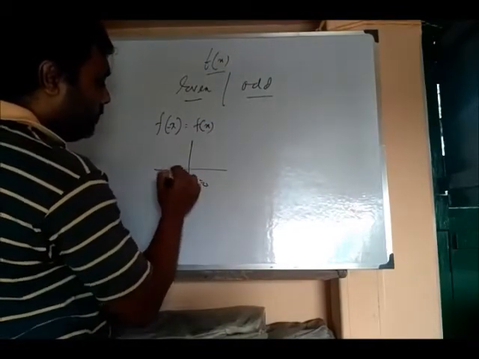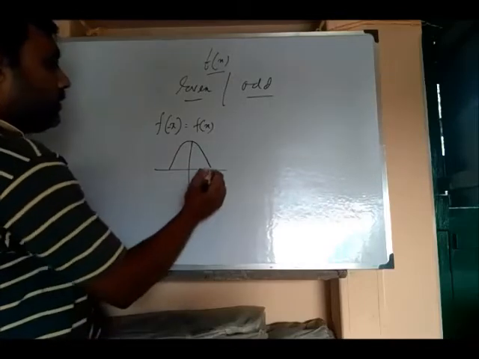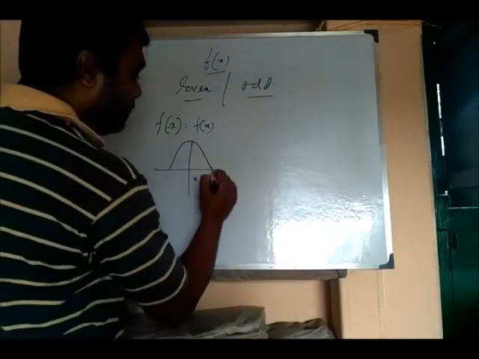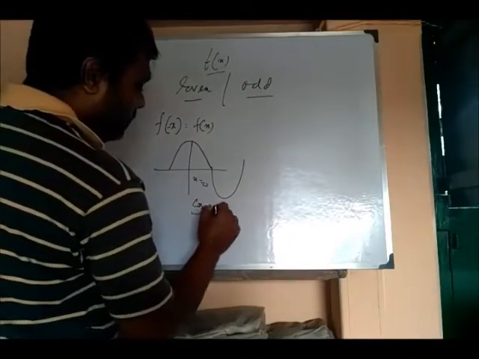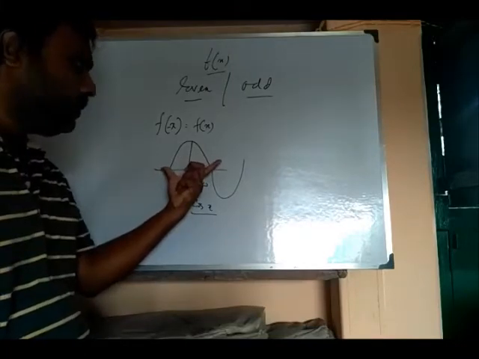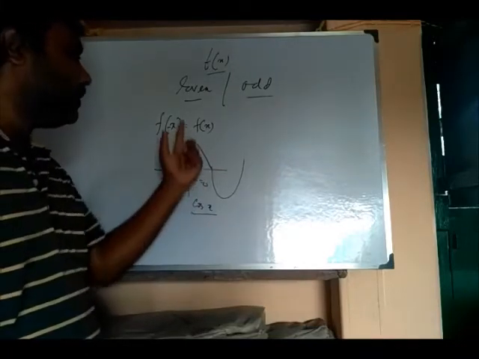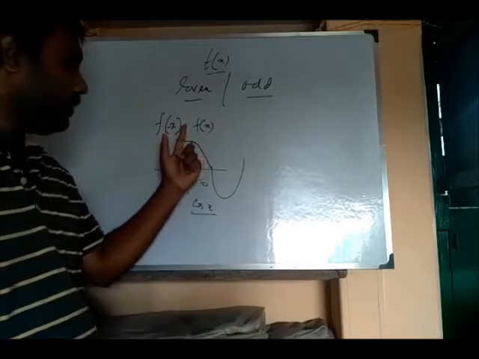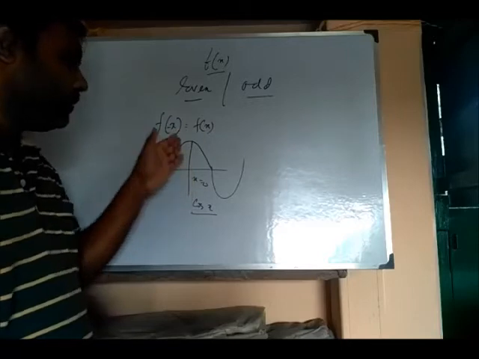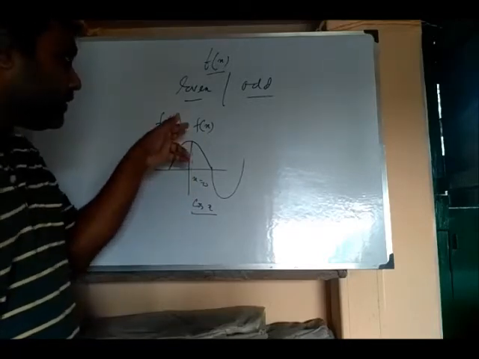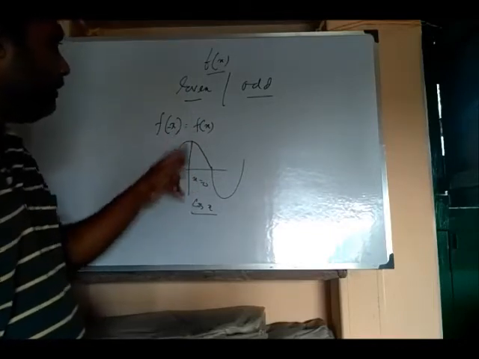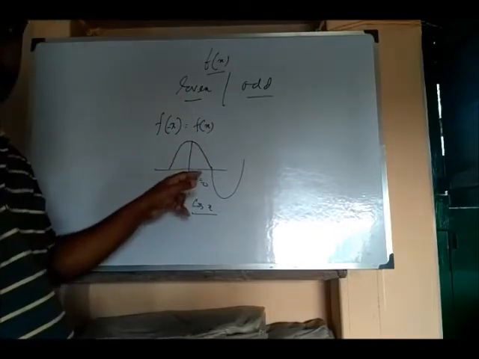This is x equal to 0. If you choose this type of function, what is this? This is a cosine function. This function is symmetric with respect to the x equal to 0 axis, so the left hand side is the same as the right hand side about x equal to 0. So an even function must be symmetric with respect to a definite point, x equal to 0.